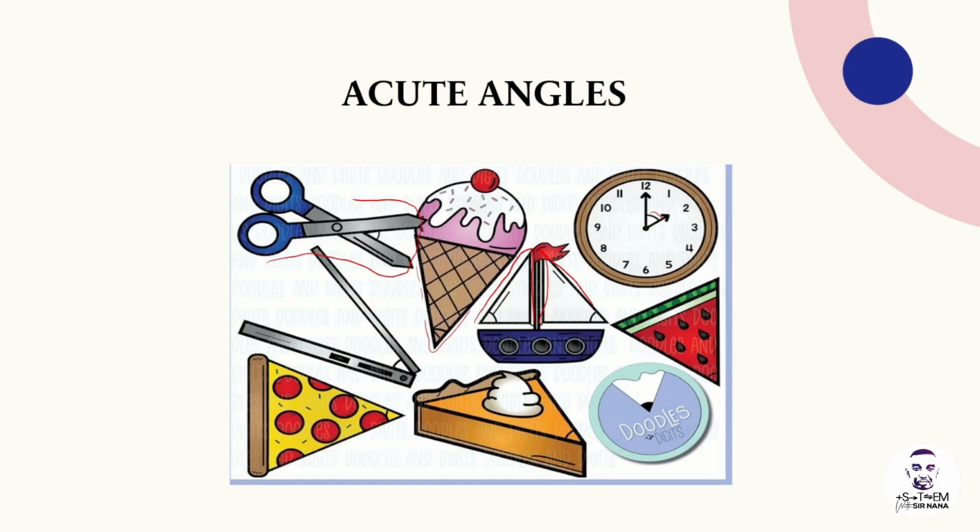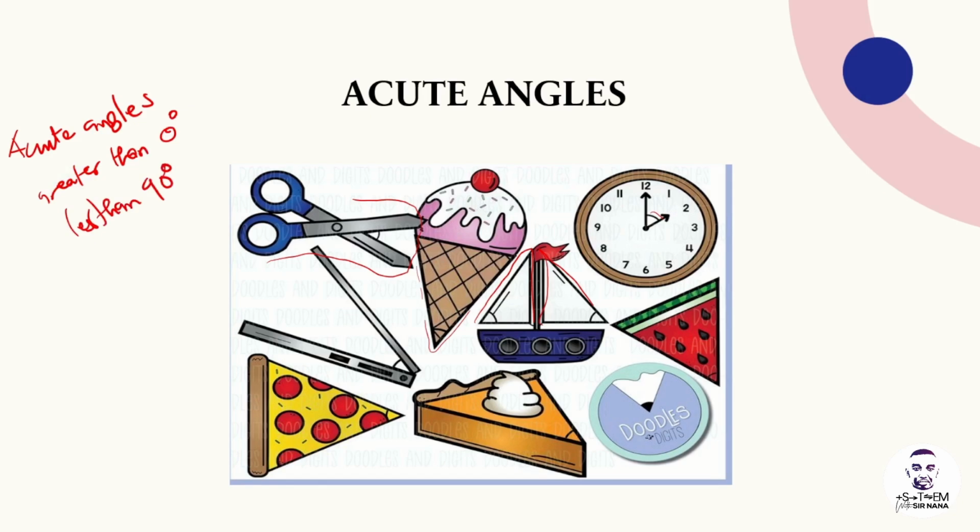So we say that acute angles are angles that are greater than 0 degrees, but then they are less than 90 degrees.